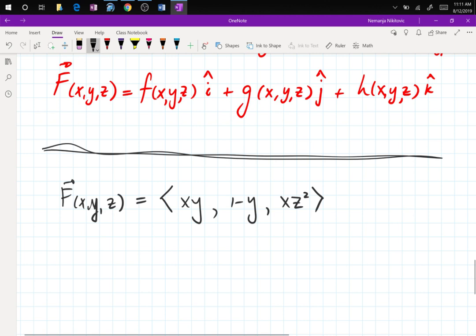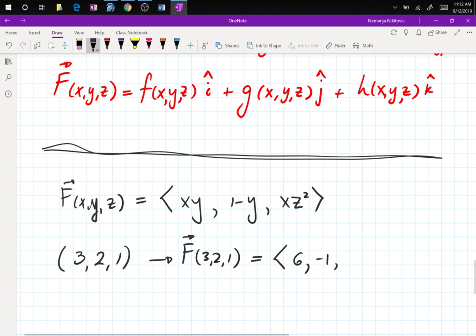If the point in 3D is given to you, you can calculate the 3D vector associated to that point, which technically shows which way the point goes. So if you have, let's say, 3, 2, 1 as a point, then the vector field at 3, 2, 1 will produce a single vector. x times y, that's a 6. 1 minus y, 1 minus 2, negative 1.